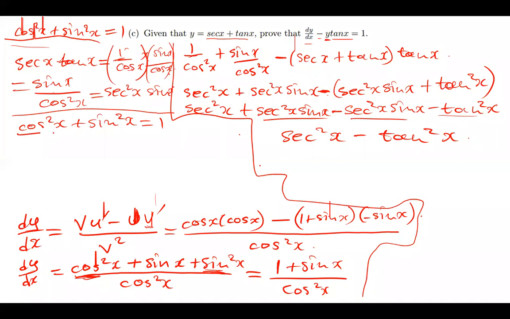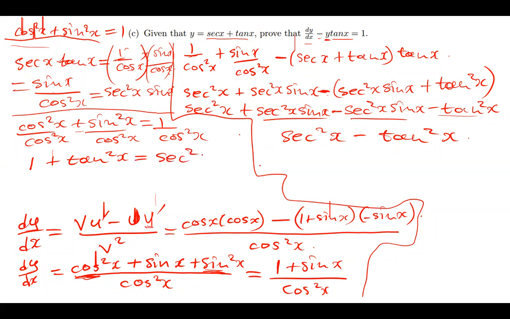When we divide everything by cos squared x, cos over cos will give 1, and then we have a plus, and sine over cos is simply tan. Because there's a squared there, I'll put a squared there as well. 1 over cos squared x is simply sec squared x.